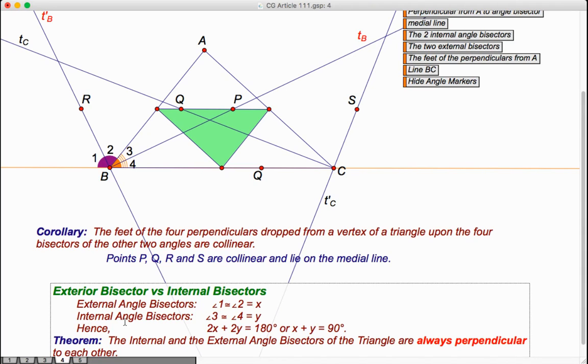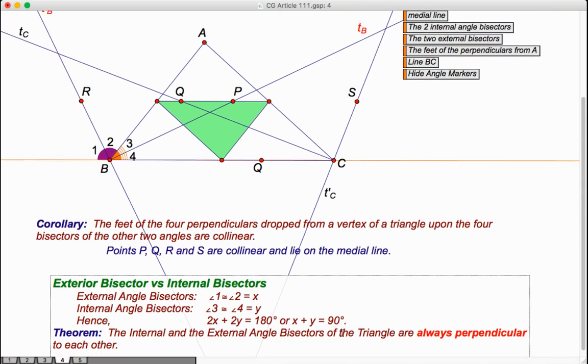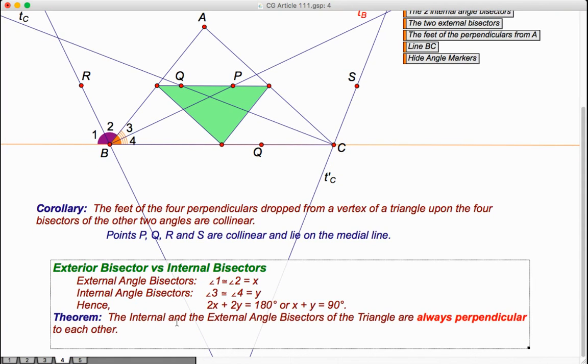The internal angle bisectors are angles 3 and 4, and I make that equal to y. Hence, 2x plus 2y is equal to 180, or x plus y is equal to 90. What that means is that the internal and external angle bisectors of a triangle will always be perpendicular to each other.